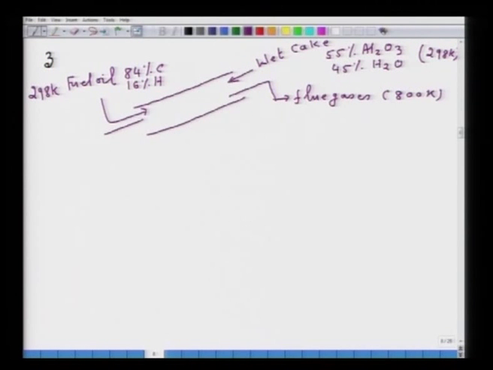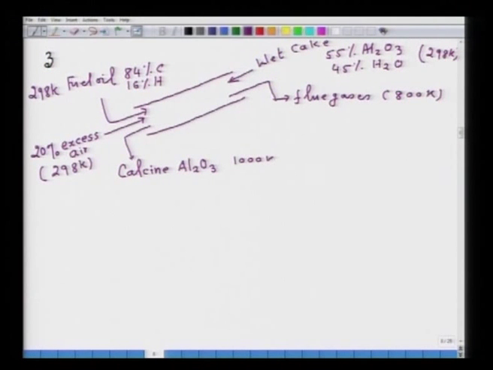Here then supply 20% excess air, or you can also call 120% theoretical air. This is also supplied at 298 Kelvin. Then you have calcined alumina, which is at 1000 Kelvin. So, that is what is given to us.